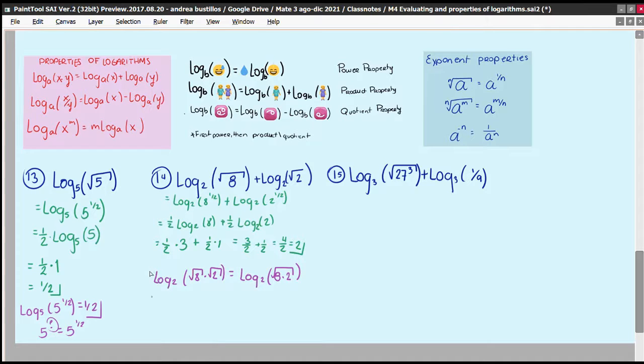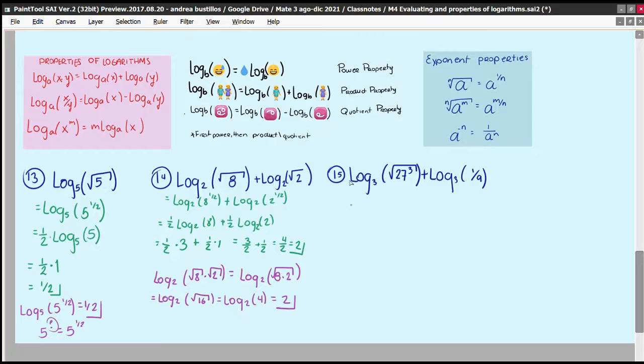And this can be rewritten as logarithm base 2 of square root of 16. And you know that the square root of 16 is 4. And you know that 2 to what power gives you 4? The answer is 2. So you can see that you can use these properties the way you like. As long as you know laws of exponents and laws of logarithms, you can find different ways to get to the same result.